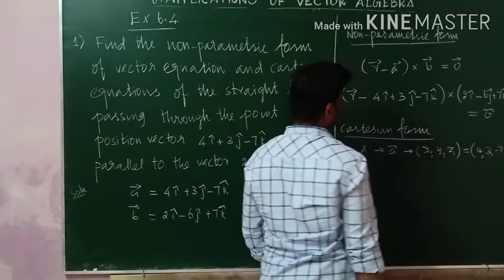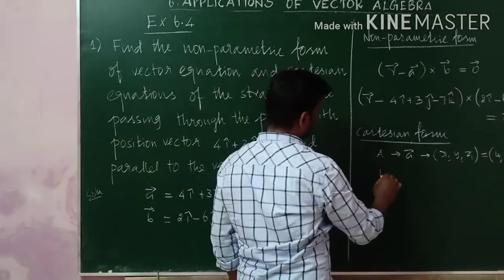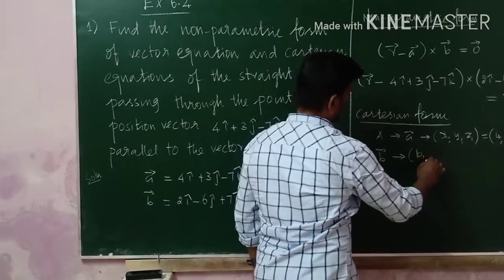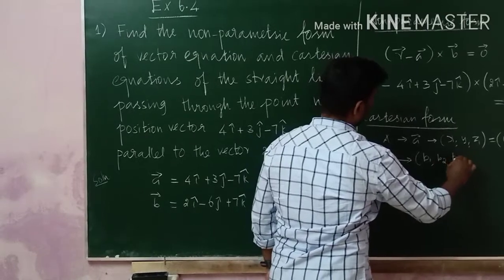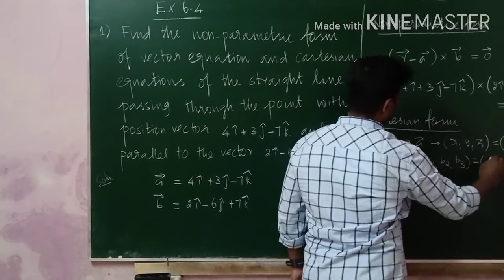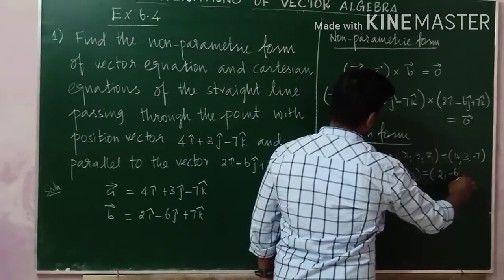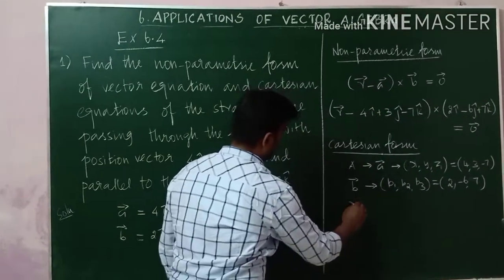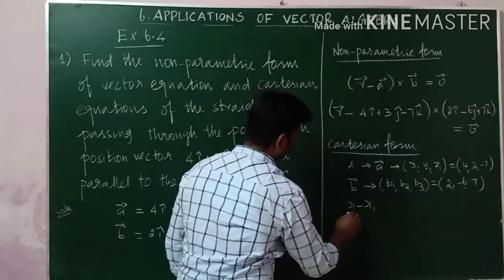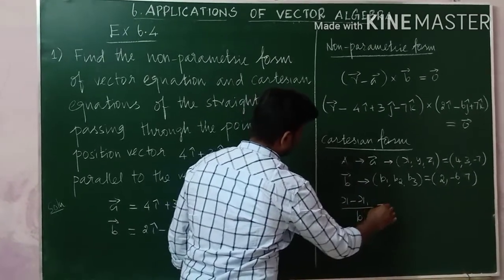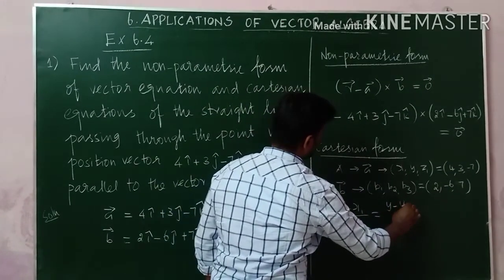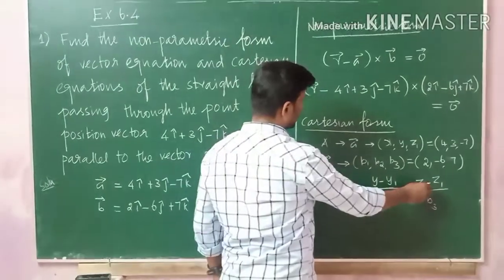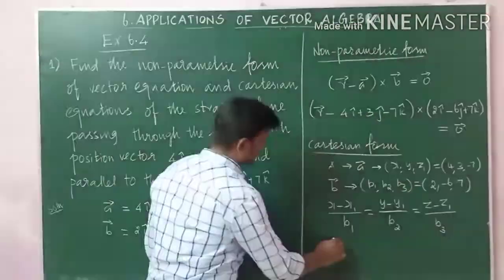The parallel vector is B vector, whose direction ratios b1, b2, b3 are 2, minus 6, 7. So the equation is (x minus x1) by b1 equals (y minus y1) by b2 equals (z minus z1) by b3. So apply that.